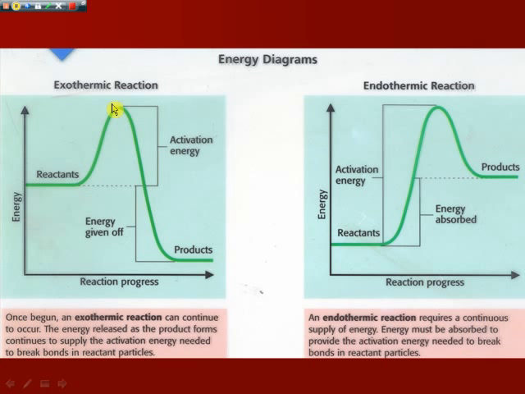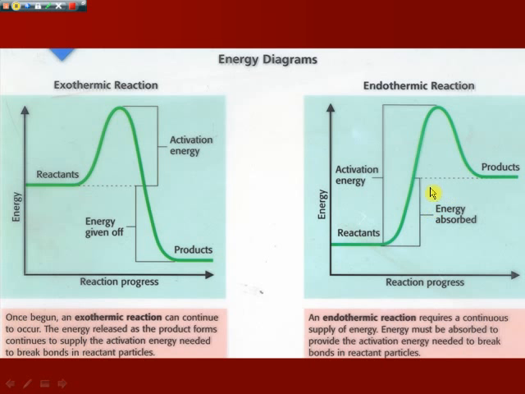This little speed bump on the graph represents the activation energy. Activation energy is the energy difference between the reactants and the top of the hill. You can see that in an endothermic process, the activation energy is significantly greater because the energy of the reactants is so much lower. Now, the energy that is given off in an exothermic reaction is the difference between the energy of the reactants and the energy of the products.